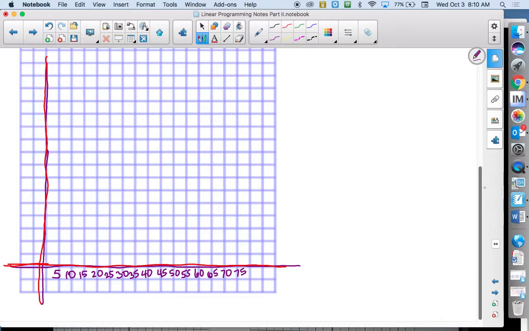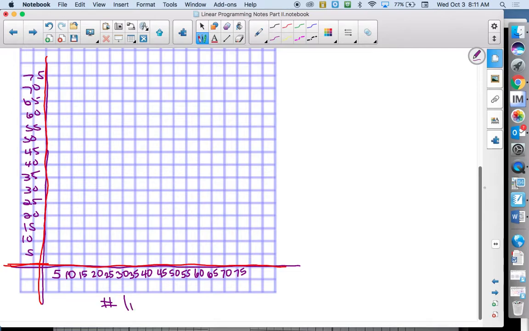So no longer are we just dealing with values that go up to 10, we're now looking at values that go up to 75. And we know that the x would be the number of lions.